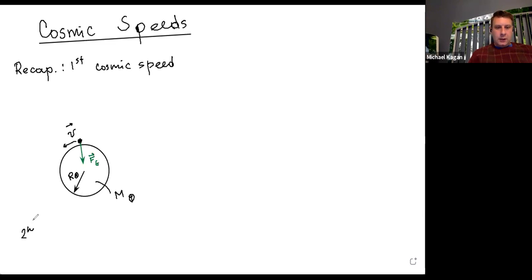What we can do is apply Newton's second law to the projectile and write that F equals ma. Fg equals ma, and a is the centripetal acceleration. Then we expand it.